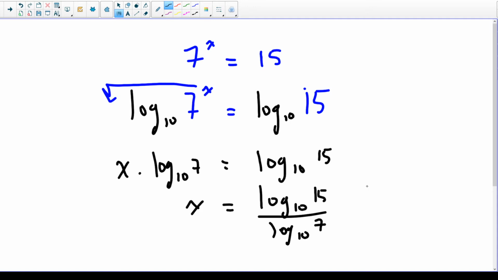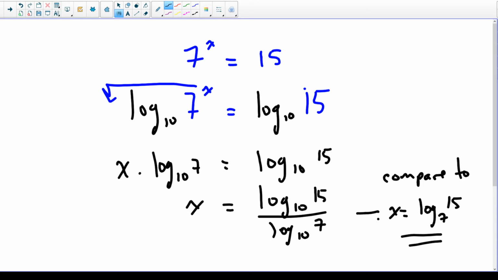Okay. Now, what I would like you to do is compare that to our original, which was x is equal to log base 7 of 15. How did we convert this into that? What shortcut could we use?